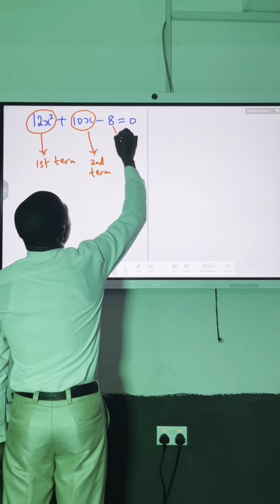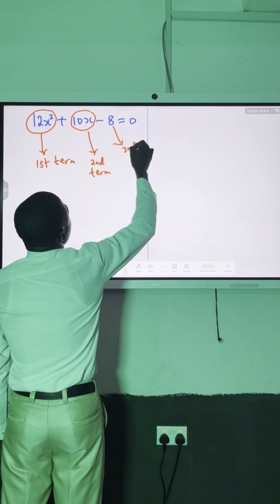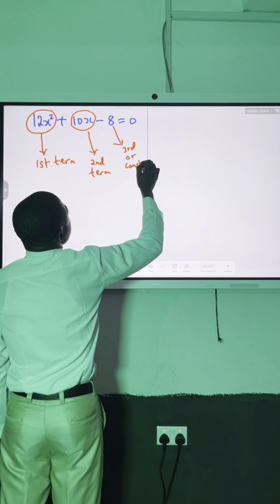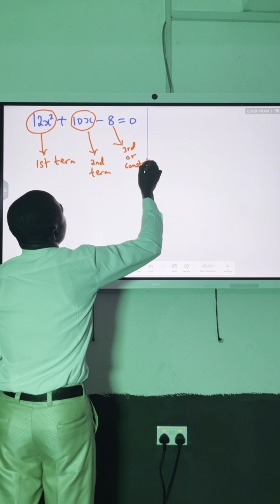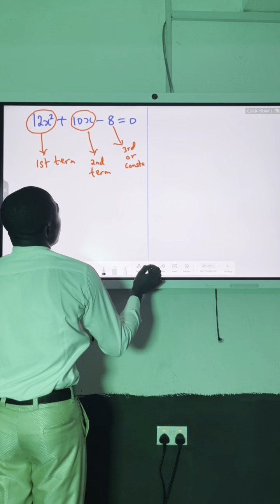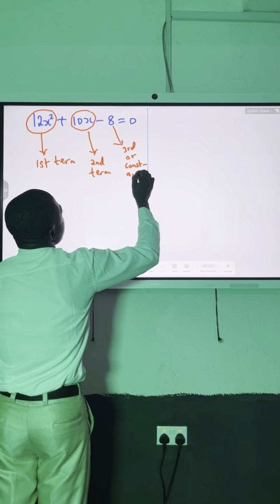Now, this one here, 8 minus 8, you call it either the third or the constant term. All right? So this is the third or constant term.